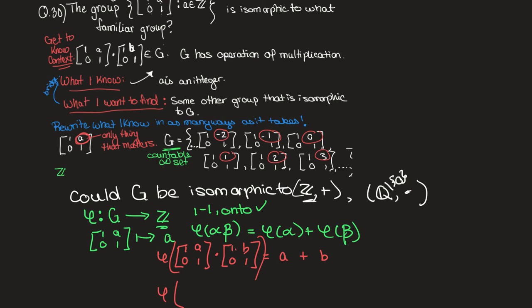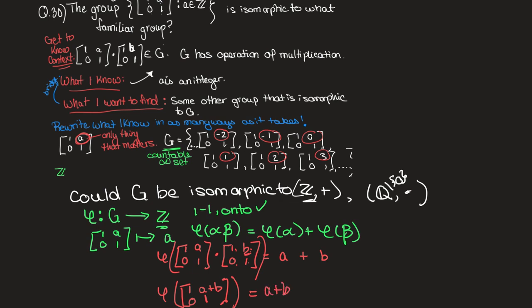I have 1 times 1 plus 0 times 0, so I get the 1 that we were expecting in the top left. In the top right entry, I have 1 times B plus 0 times 1, giving B. And in the bottom left, I have 0 again. In the bottom right, I get 0 times B plus 1. And then that should equal A plus B.